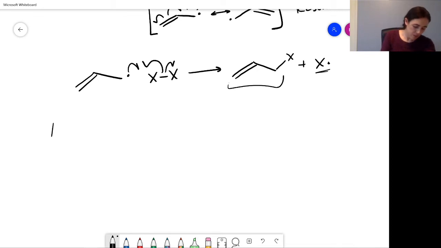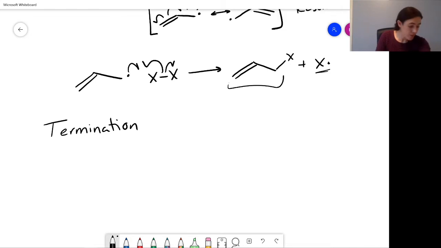After we've consumed all of the radicals, the next step will be termination. So here we have X coming together with either one of these carbon radicals to form more of the product.